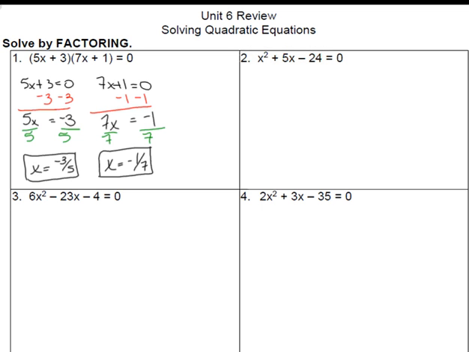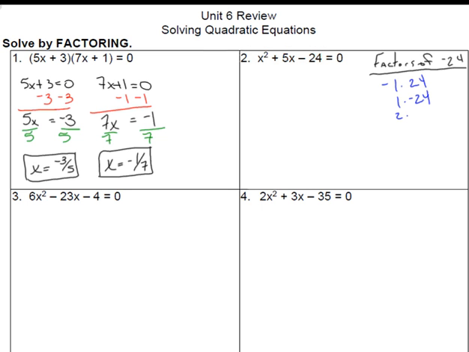Problem number 2 needs to be factored. So I'm going to look and see what my factors are of negative 24. I can have negative 1 times positive 24, or 1 times negative 24.